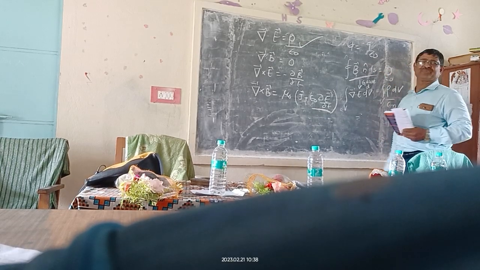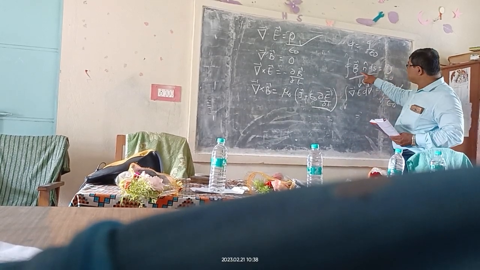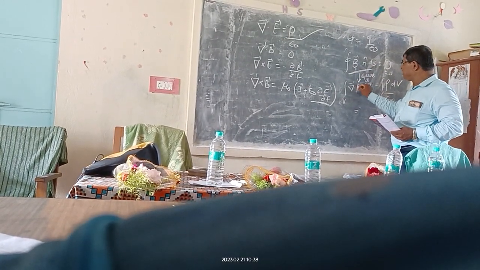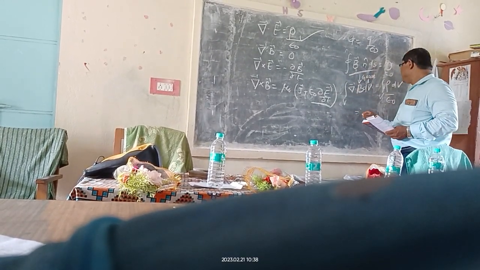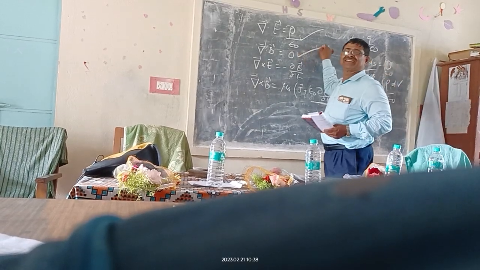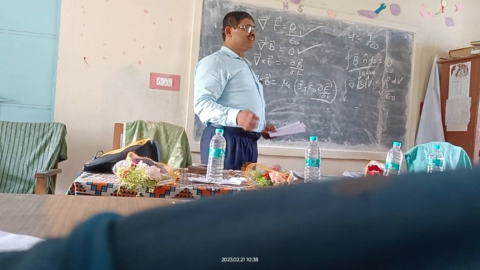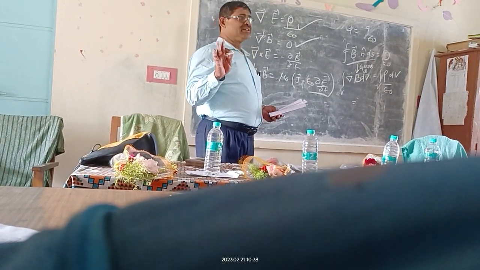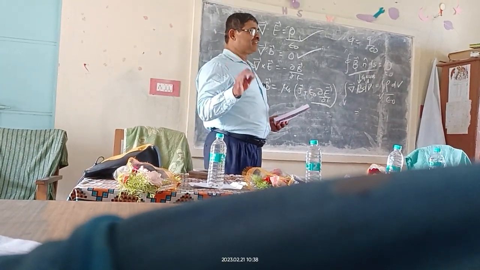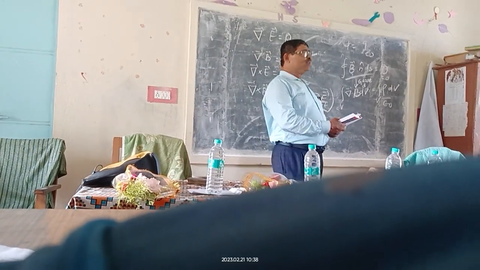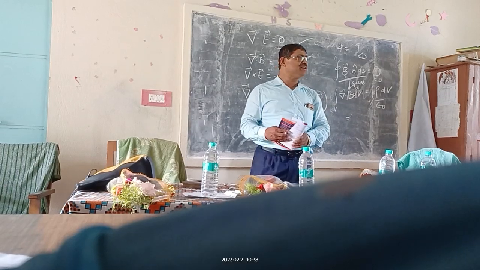And B dot n cap ds can be written as del dot B dV by the divergence theorem, which gives the second one: del dot B is equal to 0. Two very small lines, very similar equations, only you have replaced E by B.